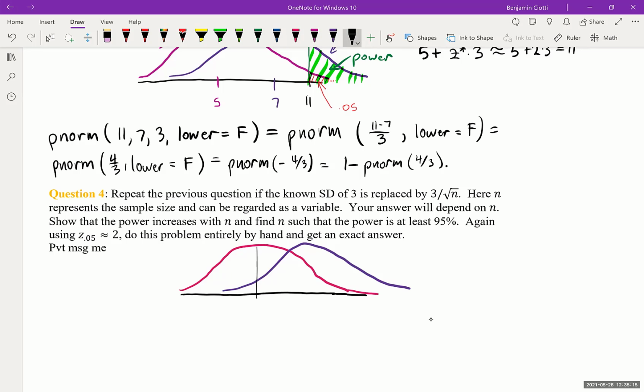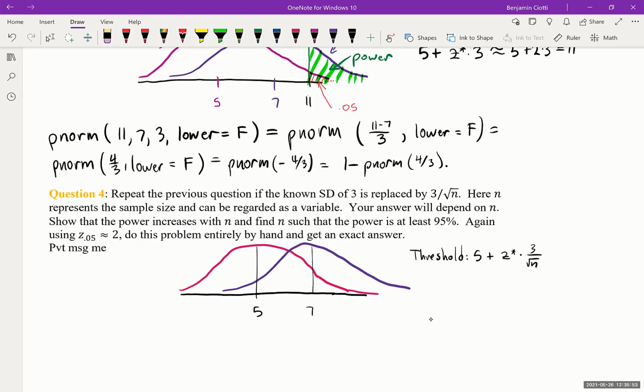So let's see. This is centered at 5. This is centered at 7. Okay, so our threshold this time will be 5 plus a critical z-score times our standard deviation, which is now 3 over root n. And again, we're approximating the critical z-score by 2.